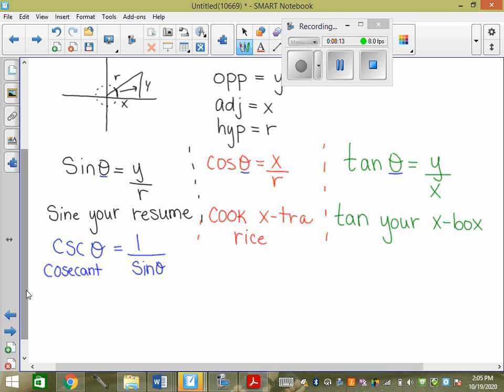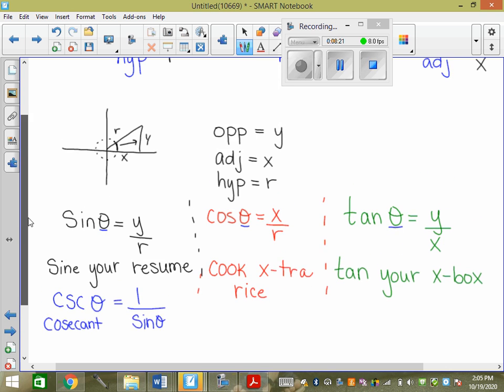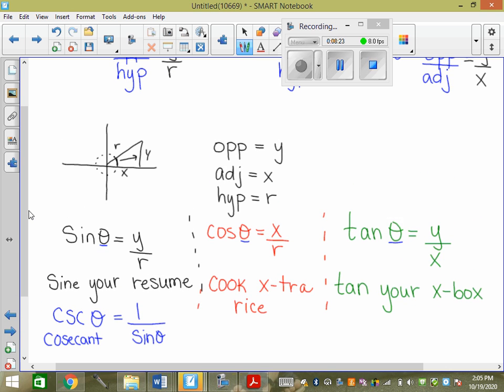So we know that cosecant goes with 1 over sine. 1 over sine, or 1 over any fraction, is just a fraction flip. So for example, let me show you this. If I did 1 over sine, and sine being y over r, so 1 over y over r would be the same as 1 divided by y over r, which is the same as 1 times r over y, which equals r over y.